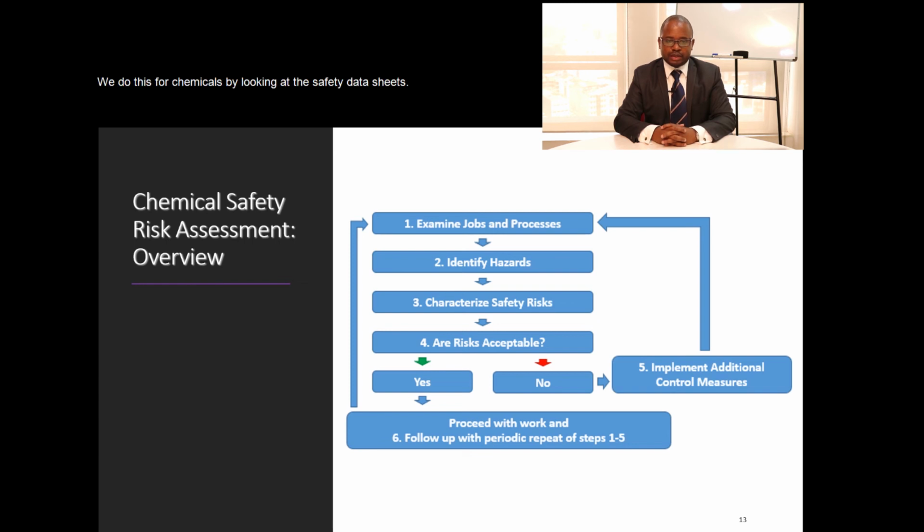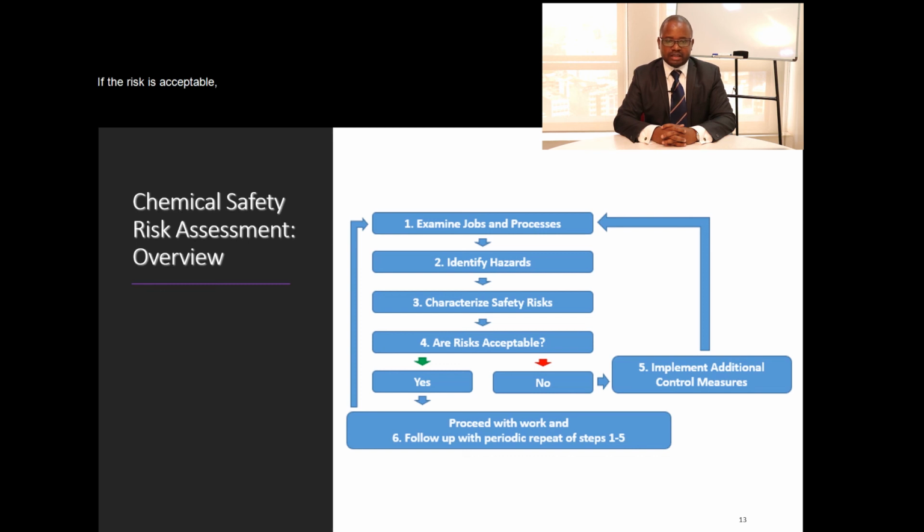We do this for chemicals by looking at the safety data sheets. Number three is characterizing the risks that are posed, and this includes looking at the likelihoods and the consequences. And number four is identifying if that risk that has been characterized is acceptable or not.